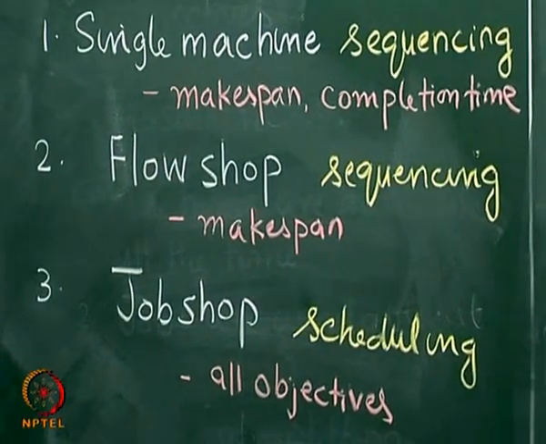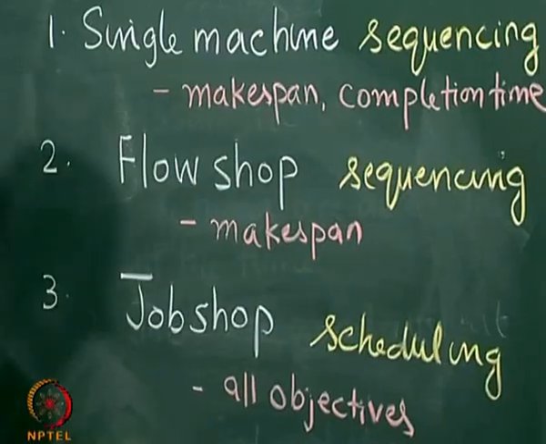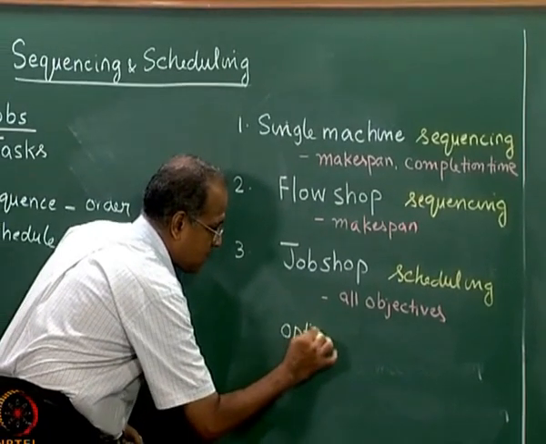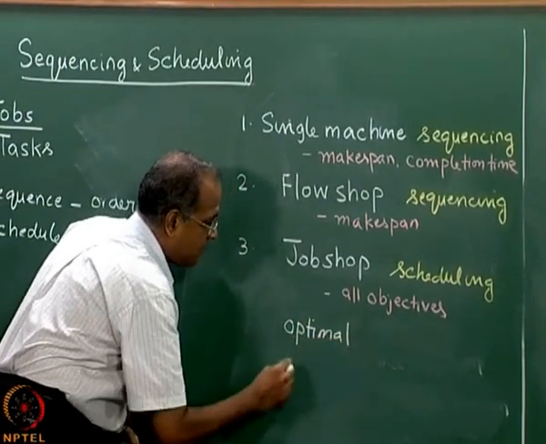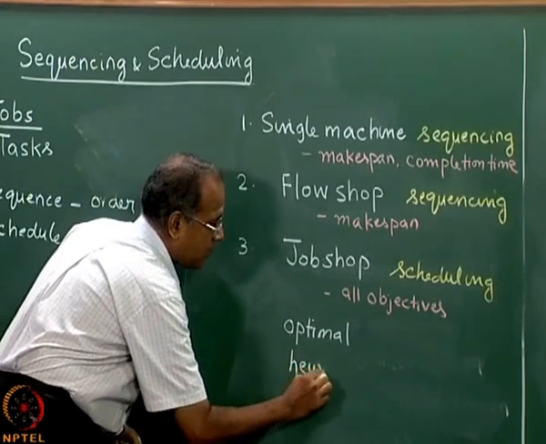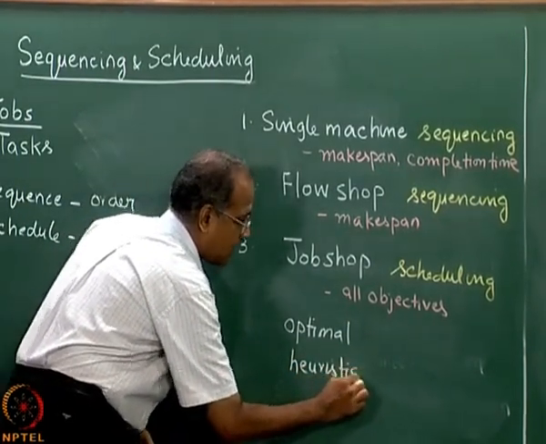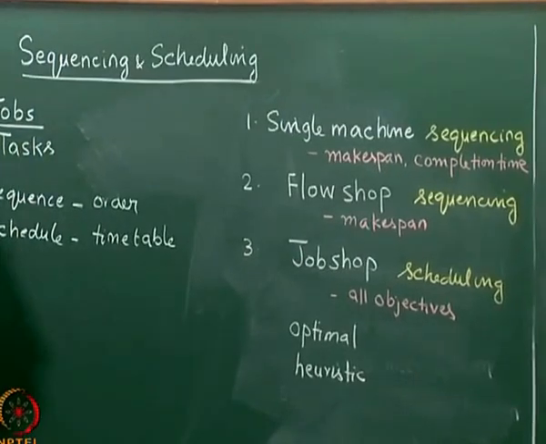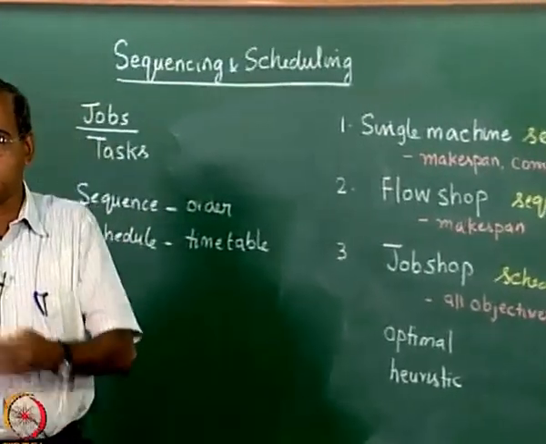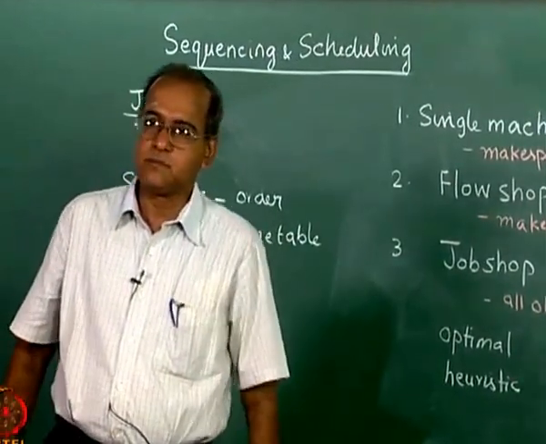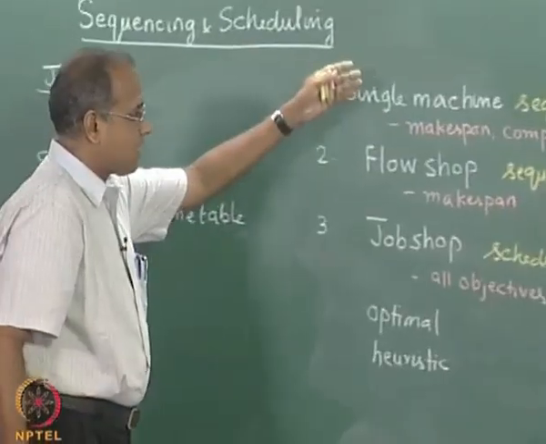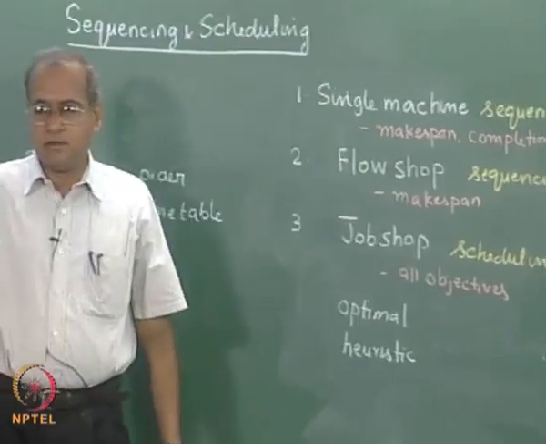We would also be looking at algorithms which can give optimal solutions, which means the best value of the objective function, as well as heuristic solutions, which are essentially non-optimal but close to optimal. We will see some of these algorithms in detail in the next lecture.